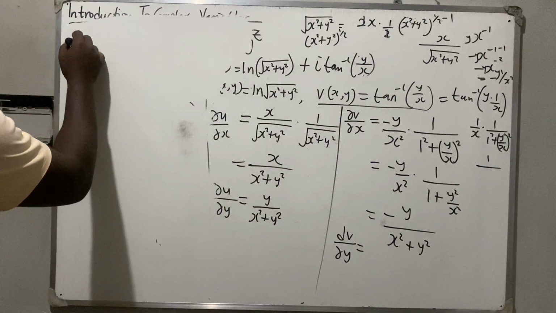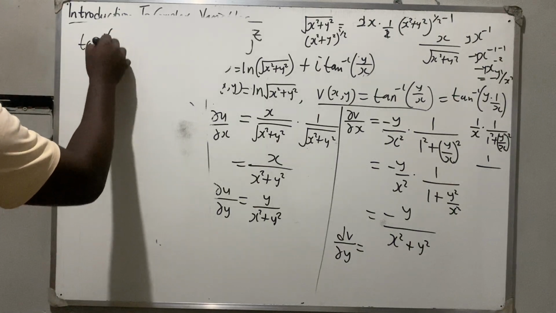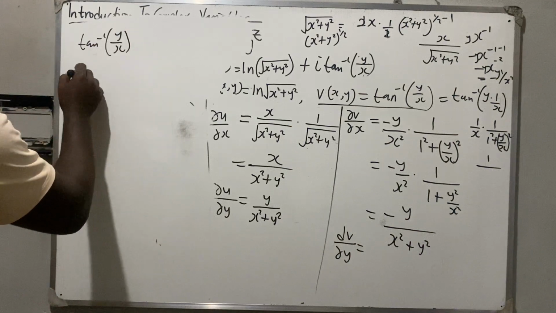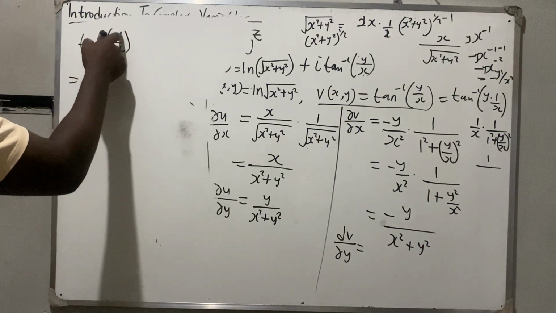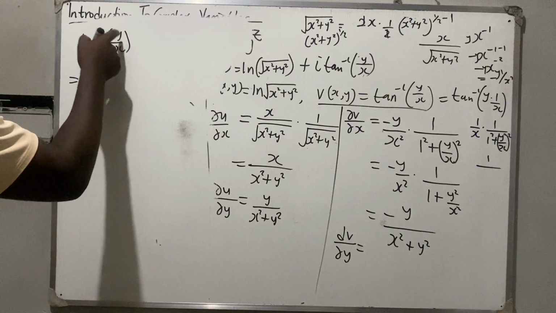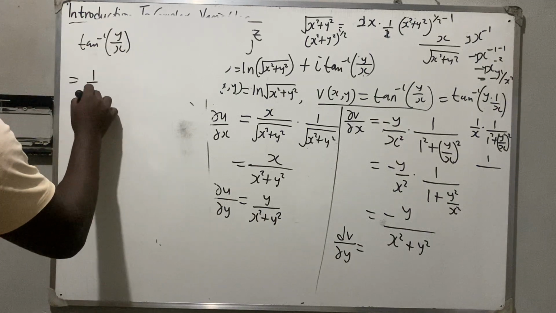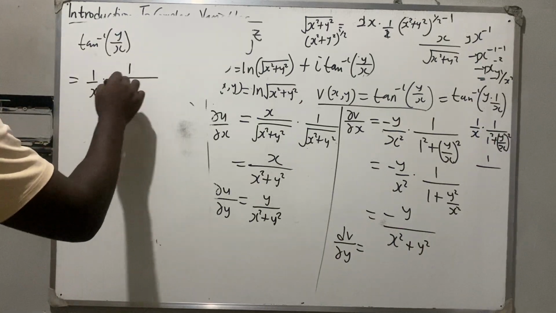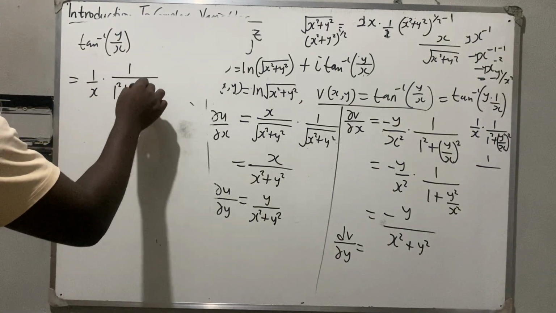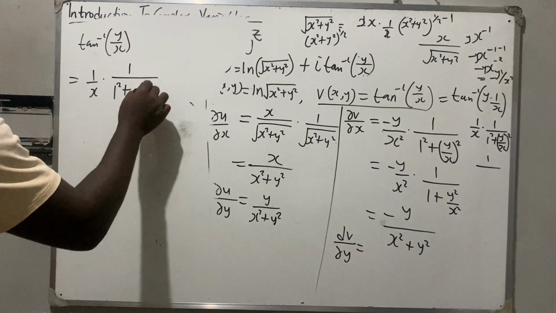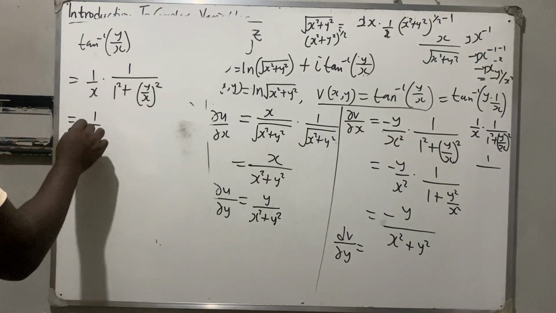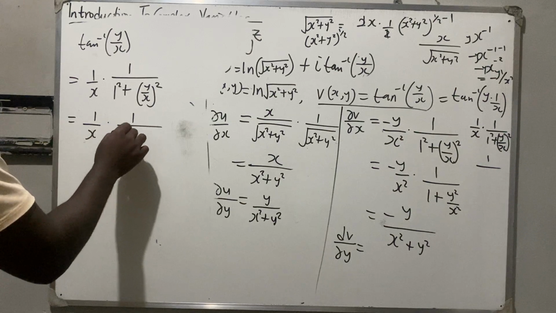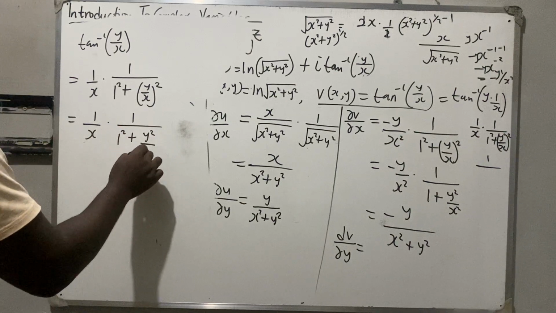So I have tan inverse of y over x. If I differentiate the inside with respect to y, I'm going to have 1 over x. So 1 over x multiplied by the differentiation of tan inverse of something, which is 1 over 1 plus that thing squared. So this is now 1 over x multiplied by 1 over 1 plus y squared over x squared.